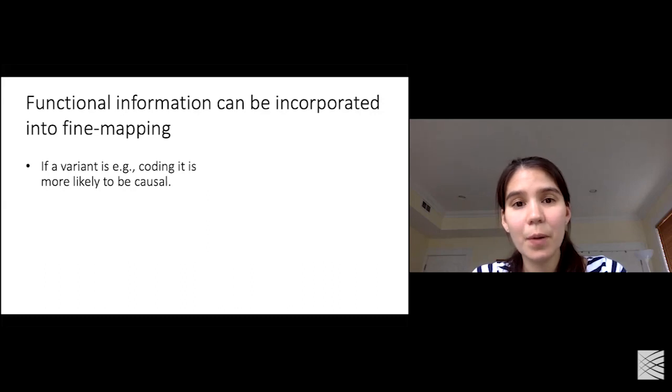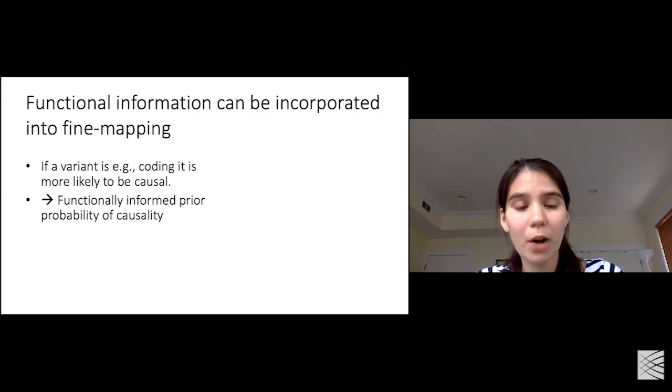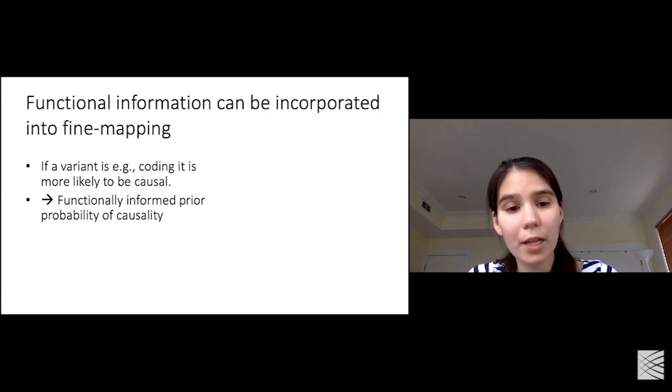Because we're doing Bayesian analysis, that can be incorporated into a prior. A functionally informed prior takes into account the functional annotations at a variant to upweight and downweight certain variants according to which are more or less likely to be causal a priori.